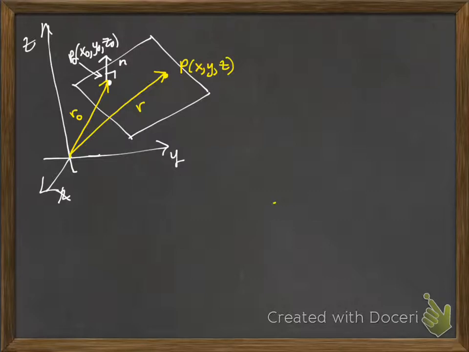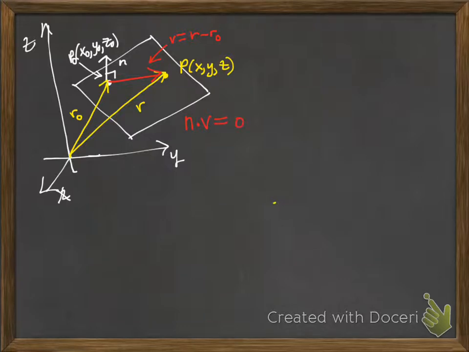So let's define now the vector between r naught and r. Okay, so this vector right here, which we can call V, is equal to r minus r naught. All right, and so this vector V lies on my plane, which contains the point P naught, and I know this vector n here is perpendicular to my plane, which means the dot product between n and V must be equal to 0, right?